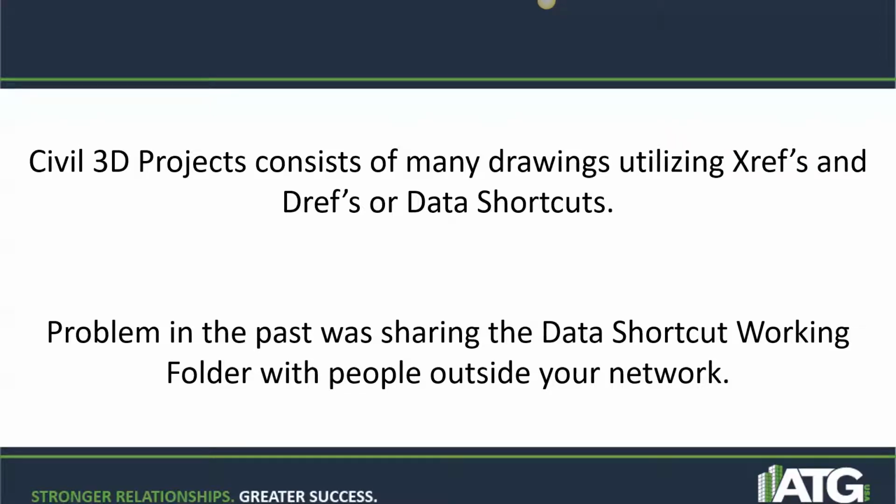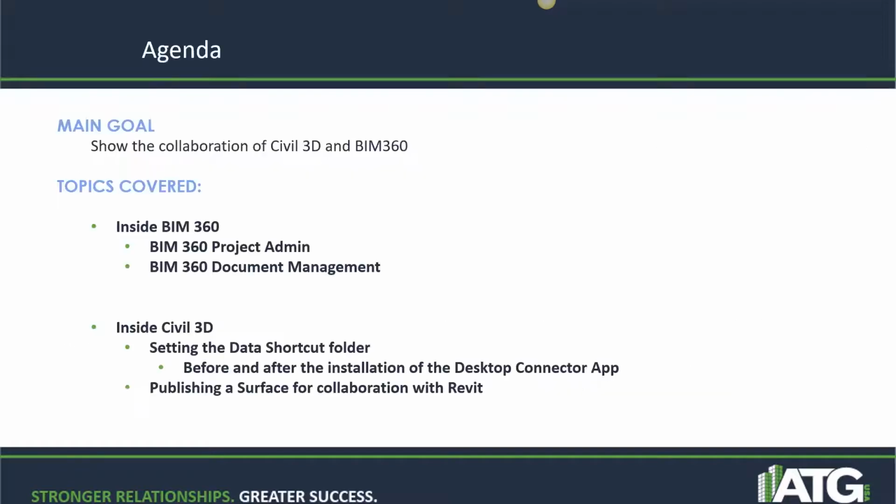And that was the biggest problem, was people built a lot of their projects using Civil 3D with X reference and data shortcuts. And yes, I can put that drawing up into BIM360, but it had a hard time referencing that data shortcut. Well, now I have that ability to actually take the data shortcut folder and the drawings and actually store all of it in BIM360 and then open it directly in Civil 3D.